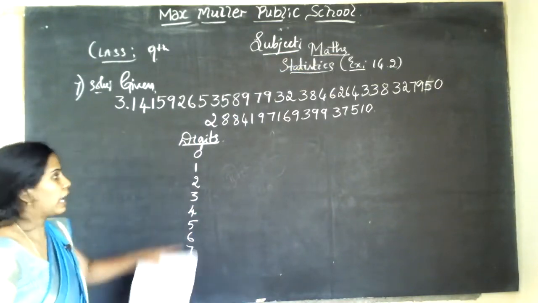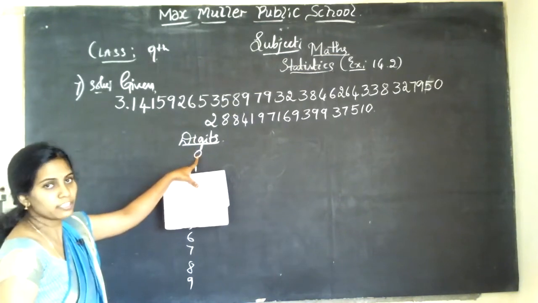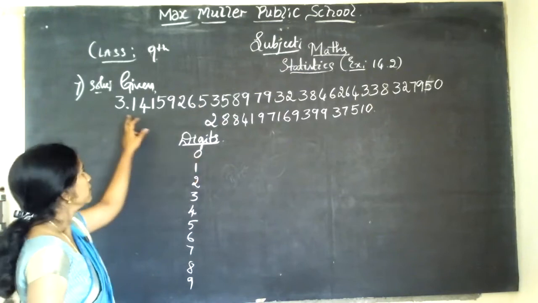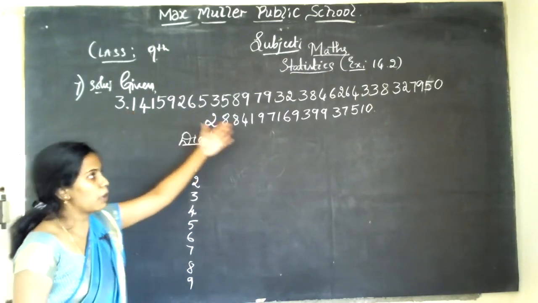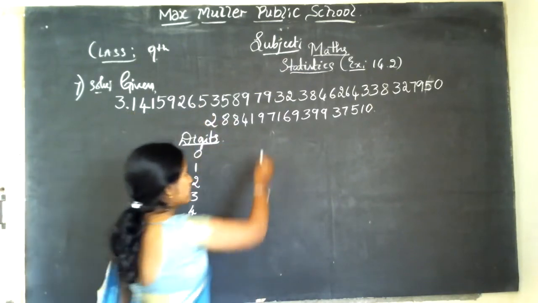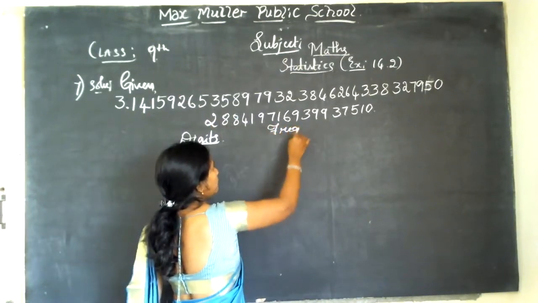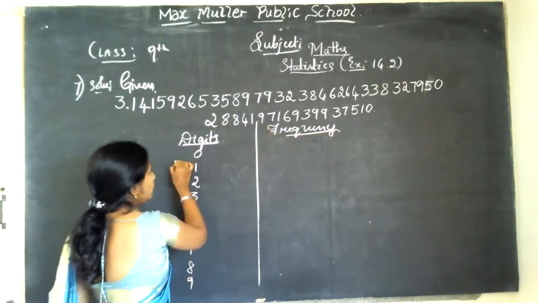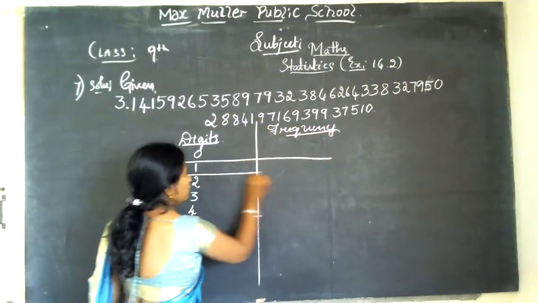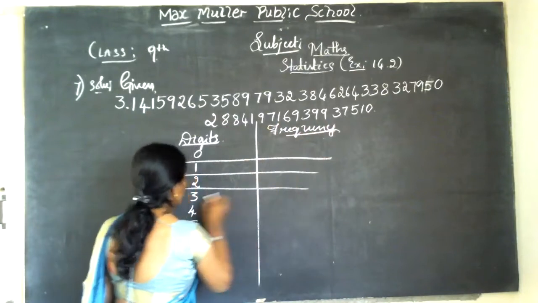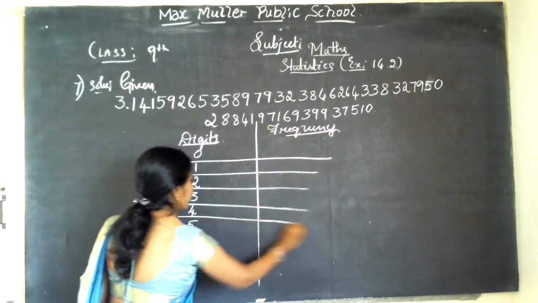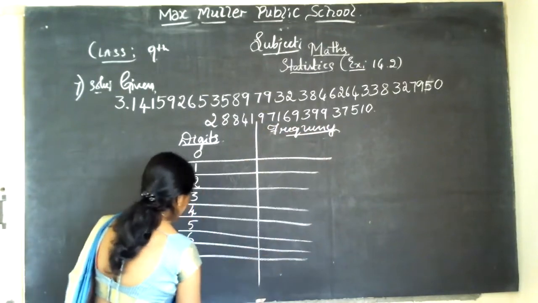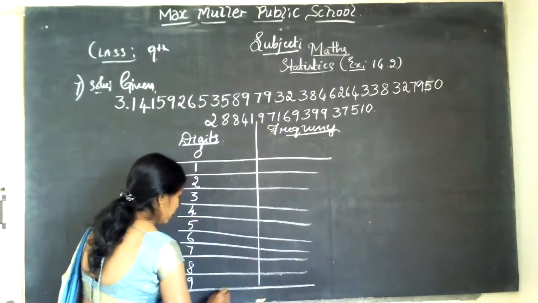What you have to do is look for each digit in this given data. You have to look for 0 after the decimal point, count it, and write the frequency. You know that. You have to count it and write it for 0, for 1, for 2, for 3, for 4, similarly till 9, and then total it.